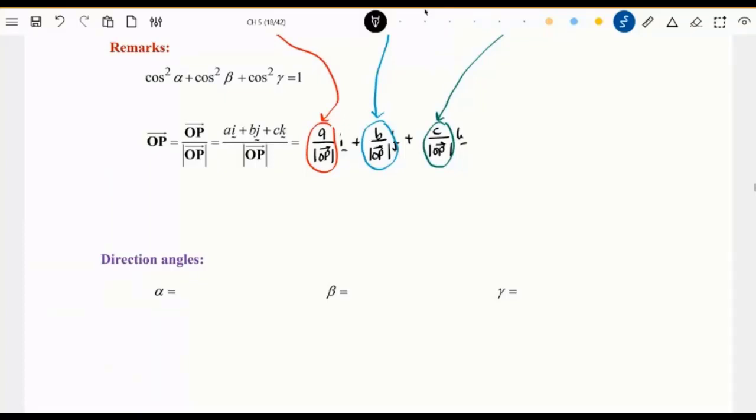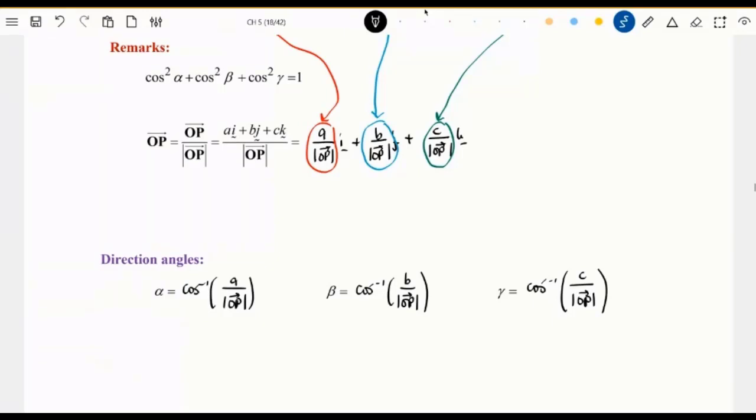So we end up with inverse cos of A over magnitude OP, inverse cos of B over magnitude OP, and then for the gamma we have inverse cos of C over magnitude OP. Okay, so that's how we find it.